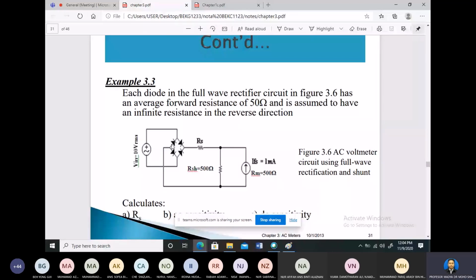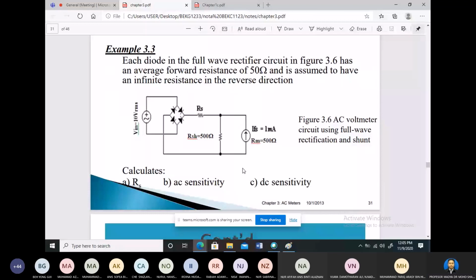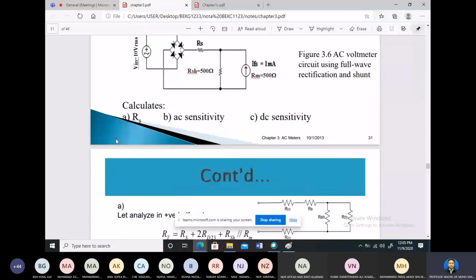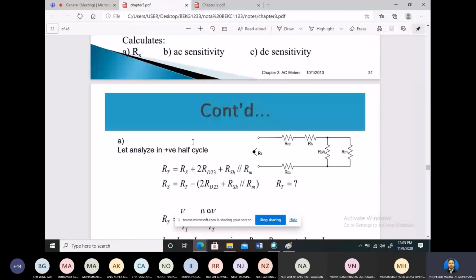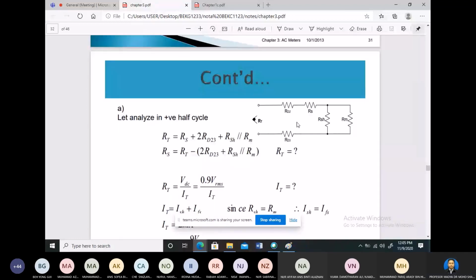Then we have to calculate the RS, then calculate the AC sensitivity and DC sensitivity. You can use the formula here.